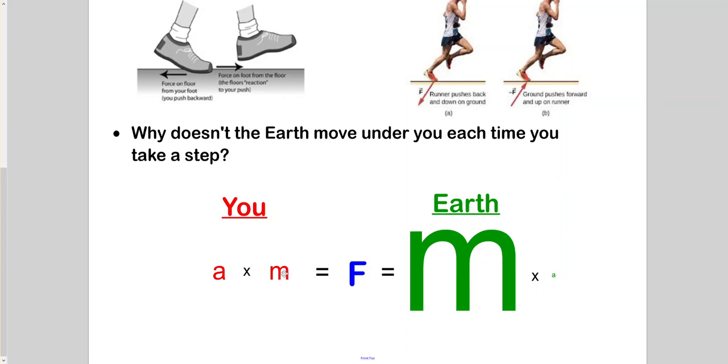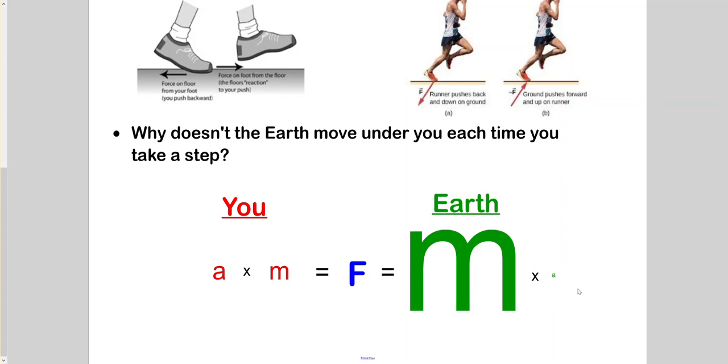I have some mass, and so therefore I accelerate due to that 50 newtons. The Earth has a huge mass. Compared to us, it should have made this M the size of the page. But it has a huge mass. And because those forces are equal, but yet this mass is huge, it means the Earth is going to have a teeny tiny acceleration. And an acceleration that is so small that it's basically zero.